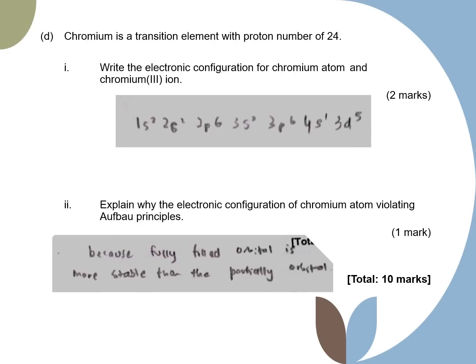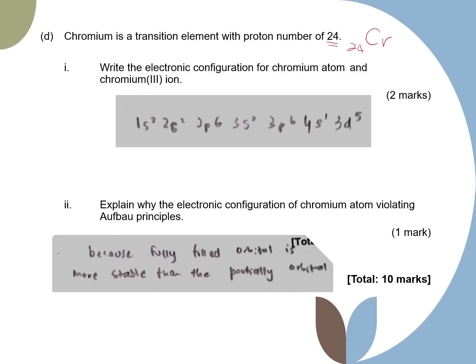Okay, last question. We have chromium 24, Cr24. This is actually one of the elements which does not obey the Aufbau principle. In the last page of the chapter 3 notes, you can see the discussion about chromium and copper.